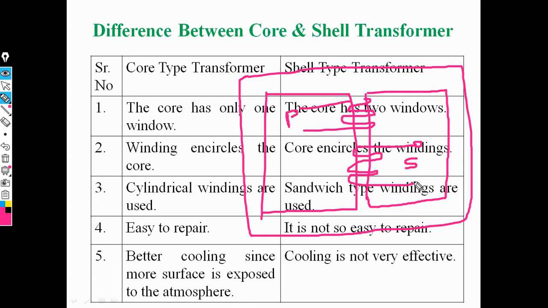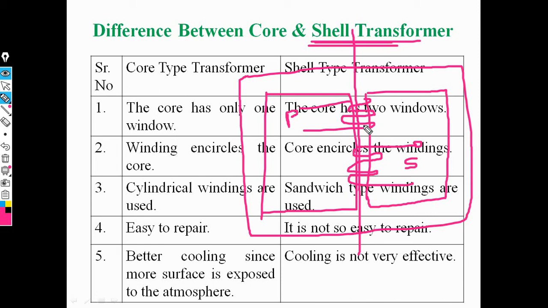The winding is inserted or installed on the central limb of the transformer, which is called the shell type transformer. This winding is not easy to repair because it can be applied only on the central limb of the transformer. So maintenance is not easy. This type of transformer is called the shell type transformer.